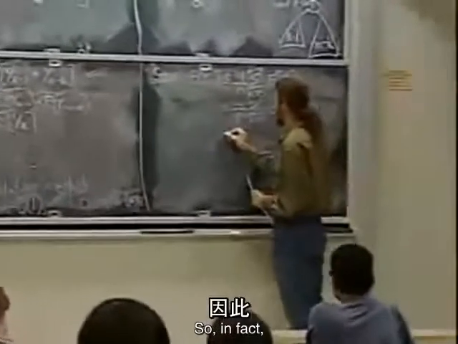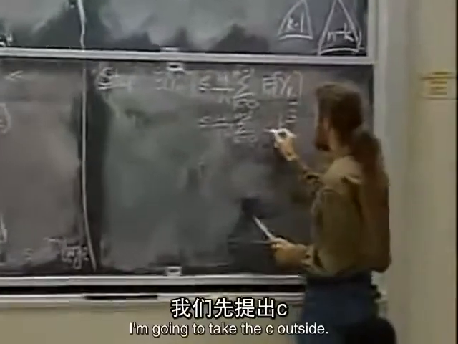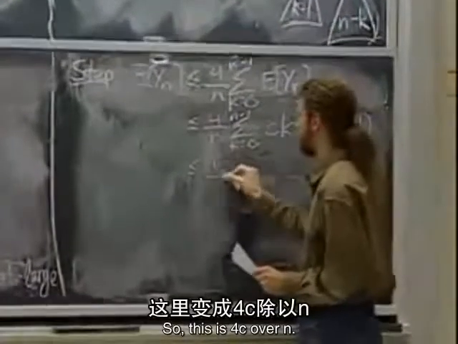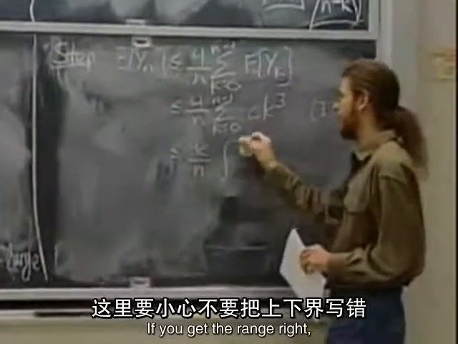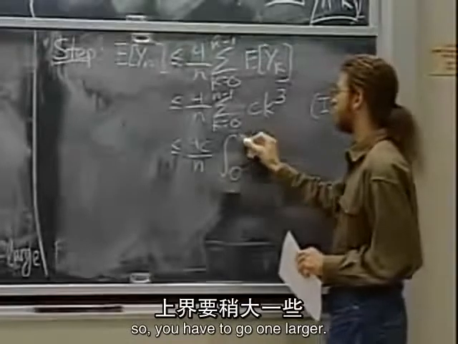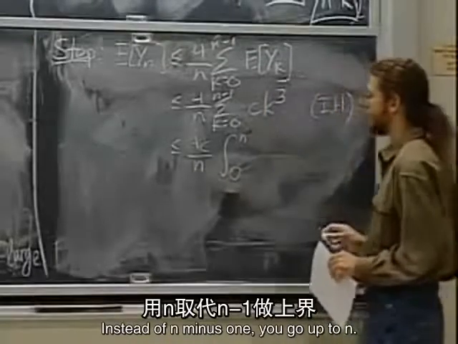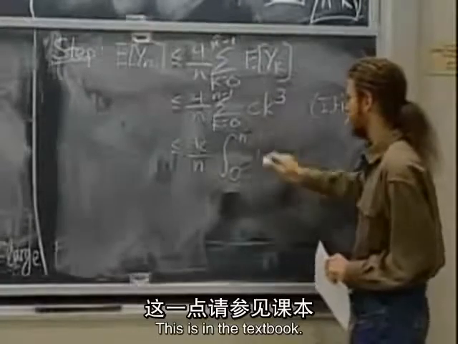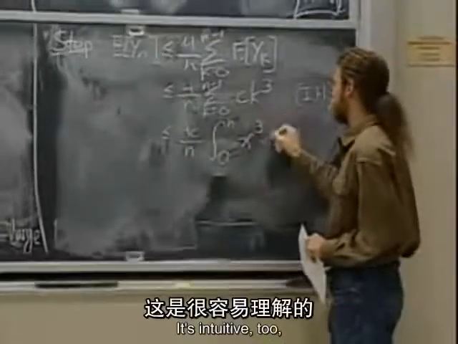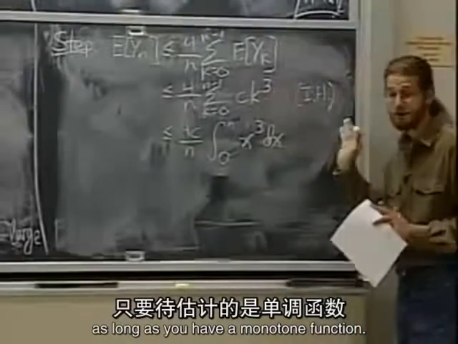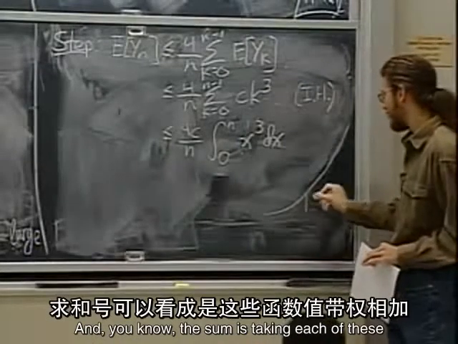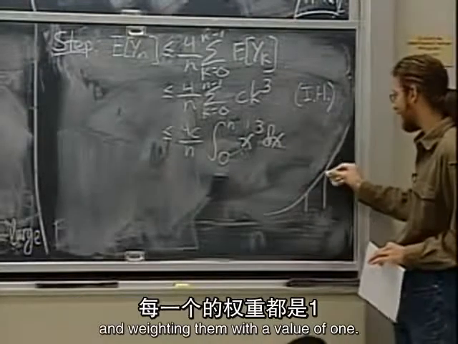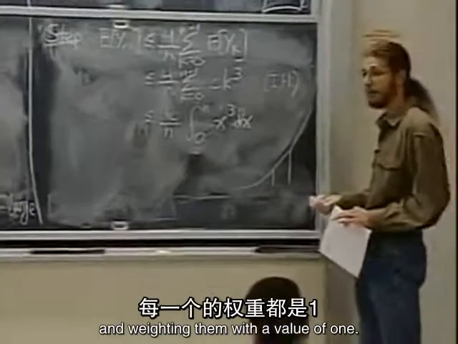So in fact, if I'm going to take the c outside also, this is 4c over n. The sum is at most the integral if you get the range right. So you have to go one larger. Instead of n minus 1, you go up to n. This is in the textbook. It's intuitive, too. As long as you have a monotone function, that's key. So you have something that's like this. And you know the sum is taking each of these and weighting them with a value of 1.